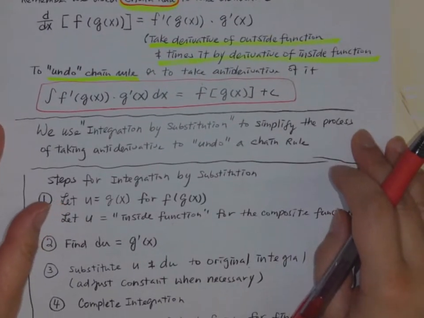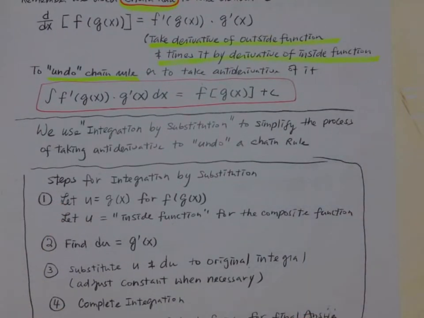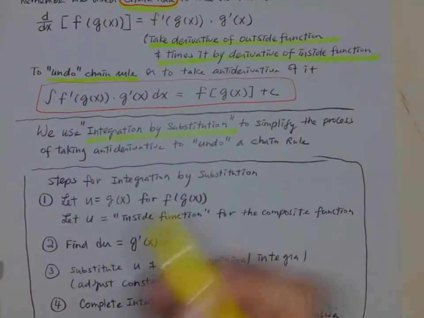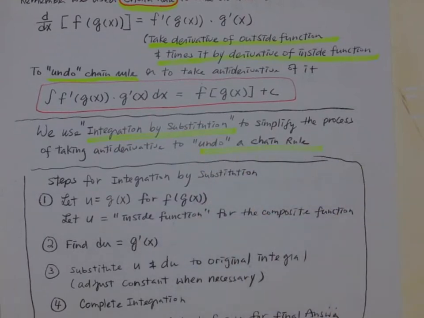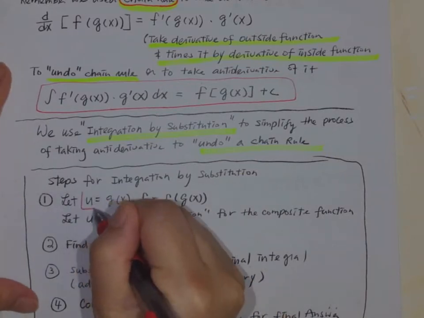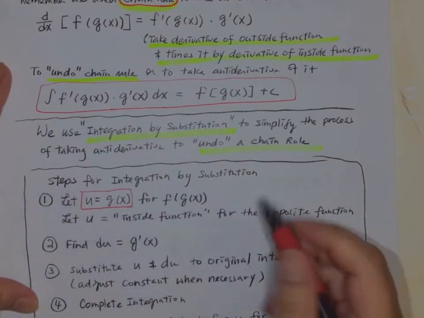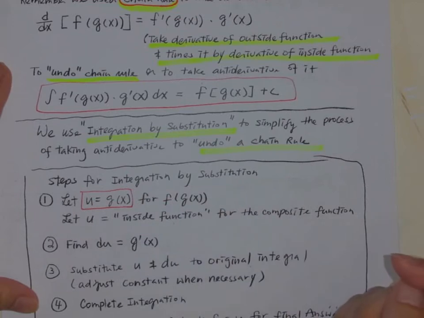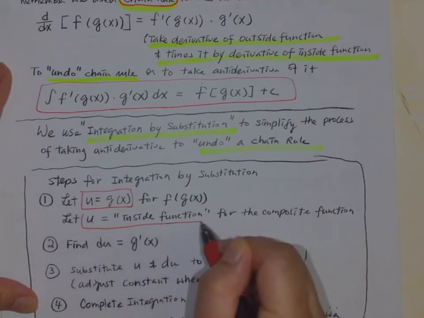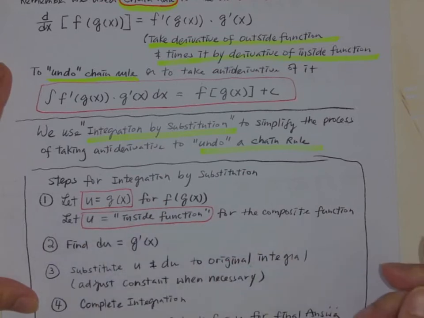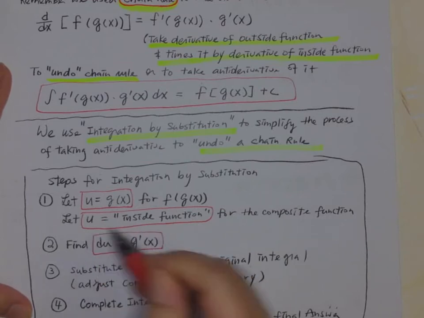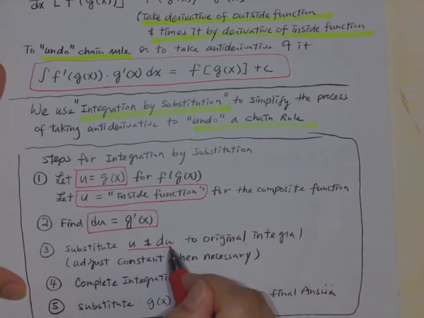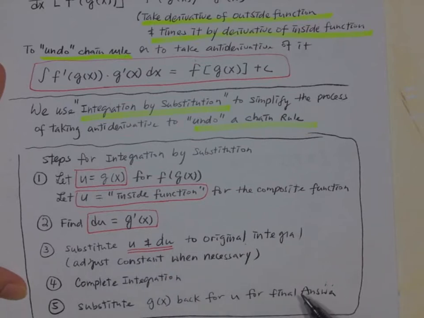So we use integration by substitution. This is the method we're going to use today to simplify the process of taking an antiderivative to undo the chain rule. We have some steps here. First, you let u equal the g of x part, the inside function of the composite function, and then you figure out what du is, and then you substitute u and du back into your function.